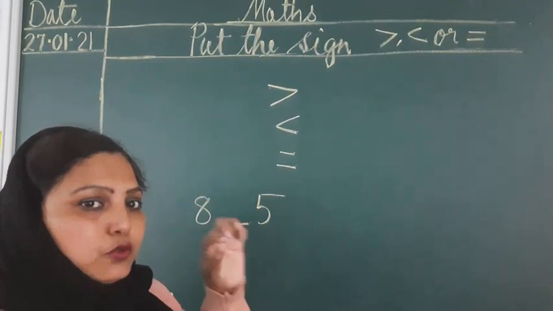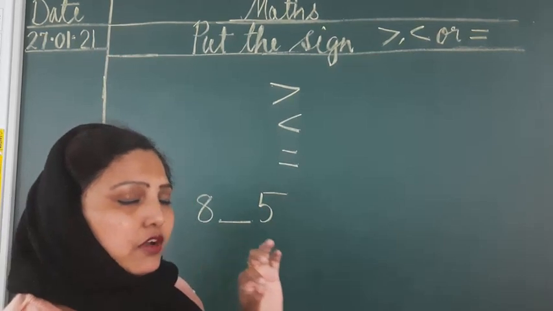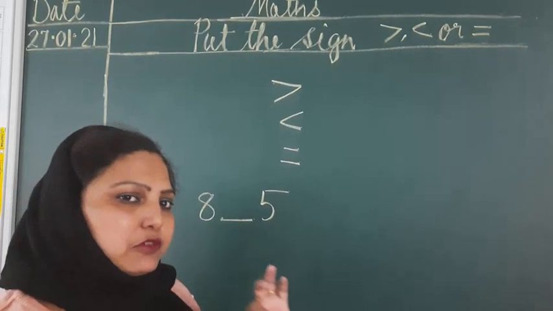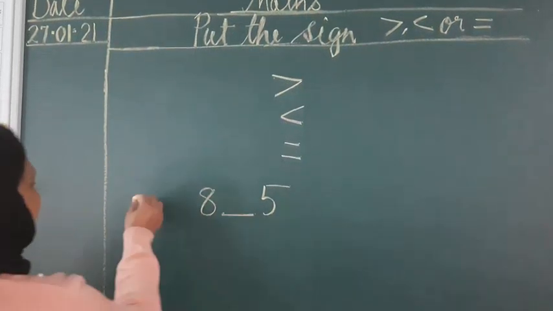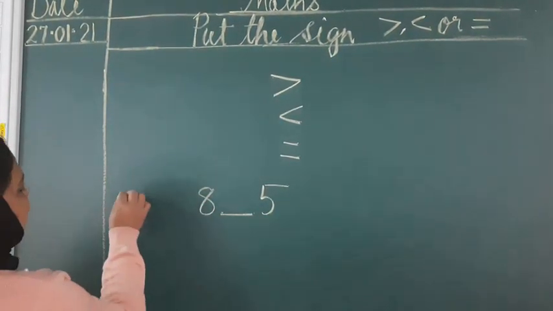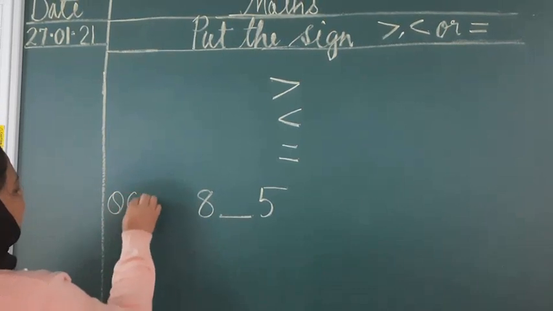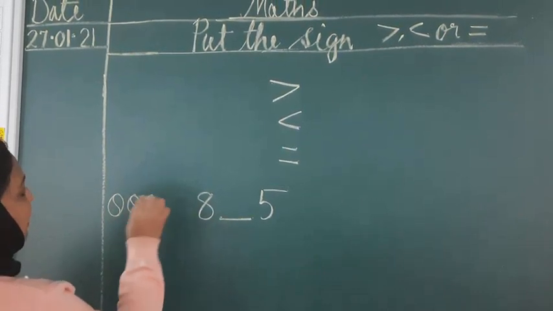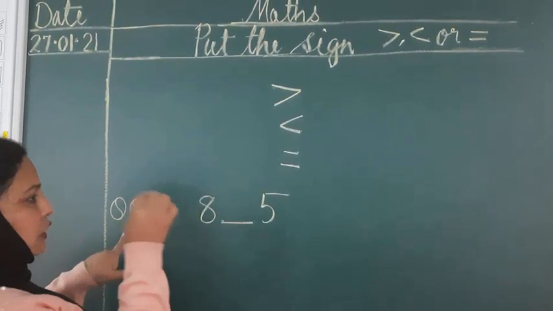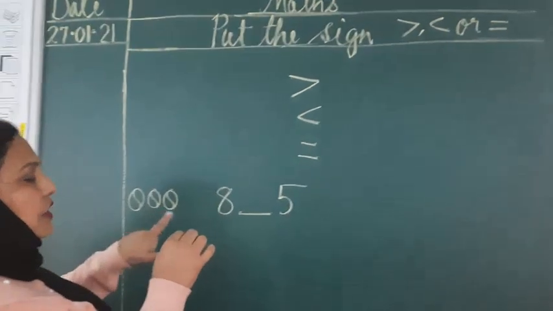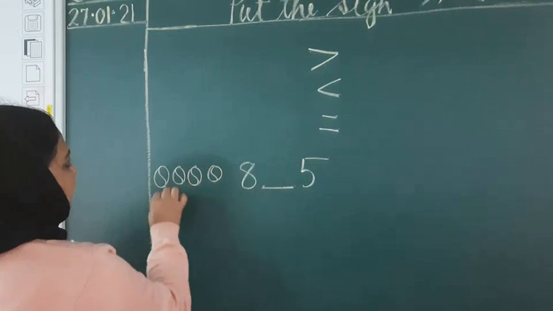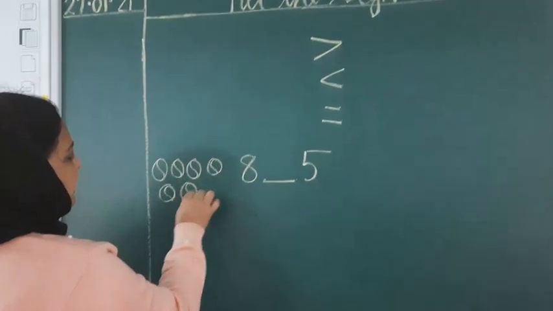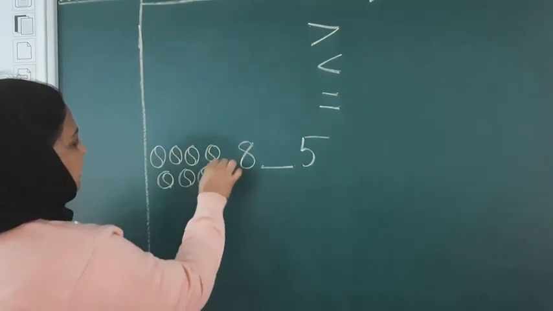Just do it on your own, and you will come to know which number is big. Like I will take a ball, okay? For 8 numbers you have to count while drawing, okay? So 1, 2, 3, 4, 5, 6, 7, 8.